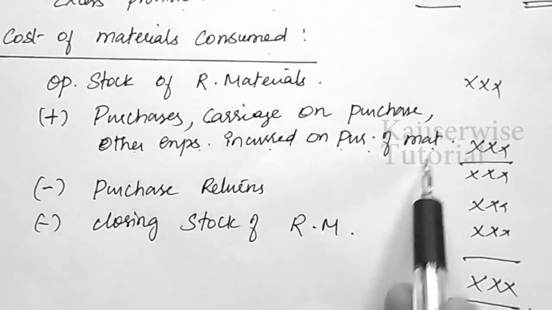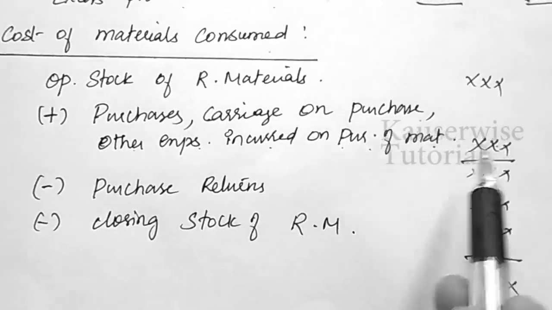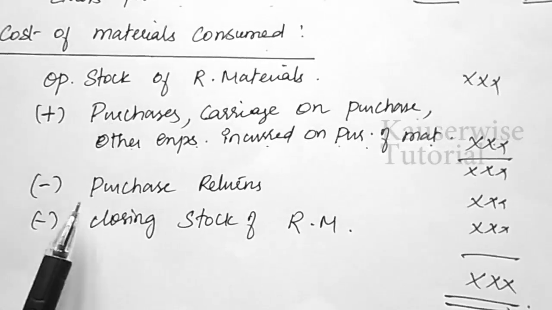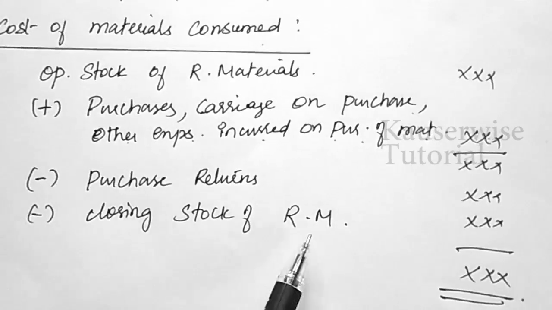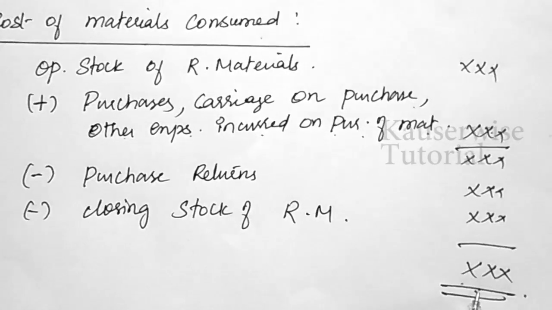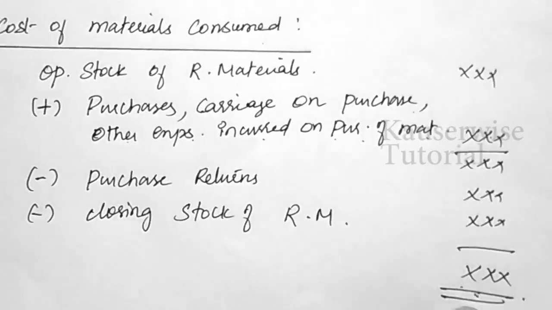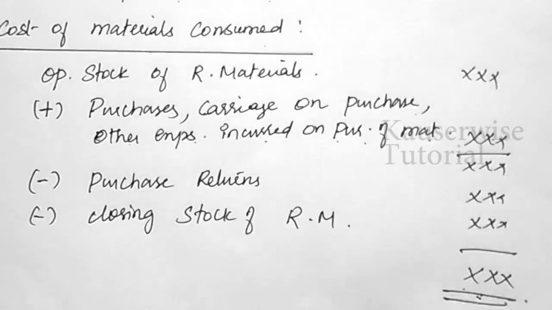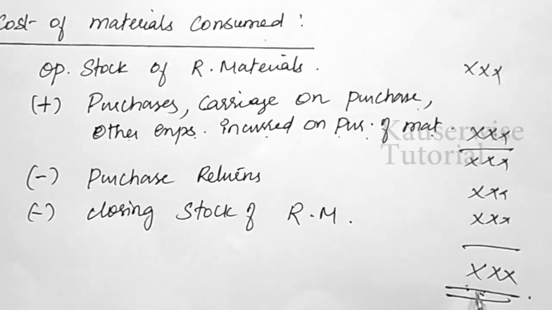So all those items will be added along with the opening stock of raw material, and then if there are any purchase returns, that will be subtracted, and finally you need to subtract closing stock of raw material. So this amount is called cost of material consumed. So if it is a manufacturing or trading concern, you need to find cost of material consumed, and finally this amount will be recorded in the statement of profit and loss.